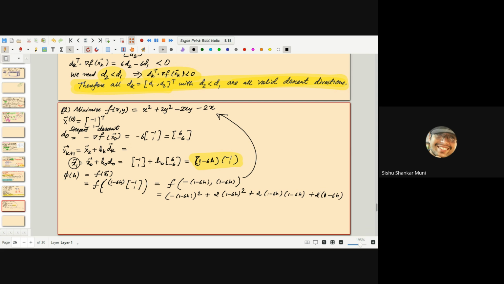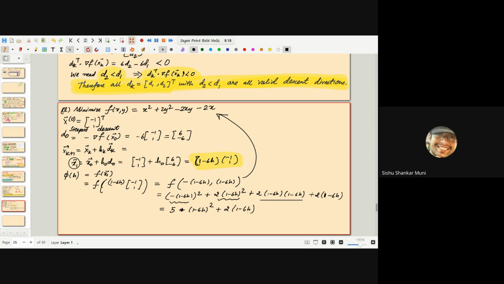It is very interesting. Sometimes you don't have to compute everything. It is just a 1 second job. This is nothing but 1 minus 6h squared. This is 2 times of that. This is again 2 times of that. So 2, 2, 4, this is 5. 5 times 1 minus 6h squared, and this is plus 2 times 1 minus 6h. Finish.